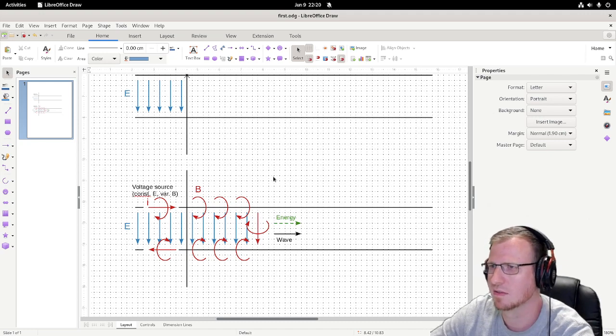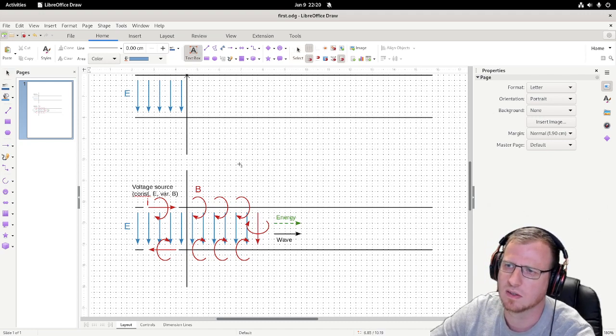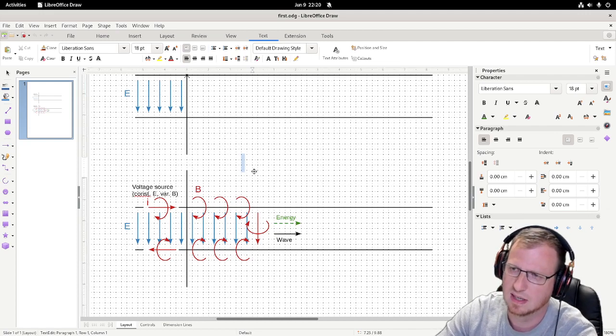That's very interesting for me because the current that is flowing is following Ohm's law. V is R times I.